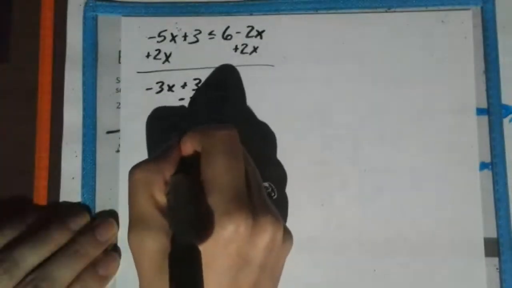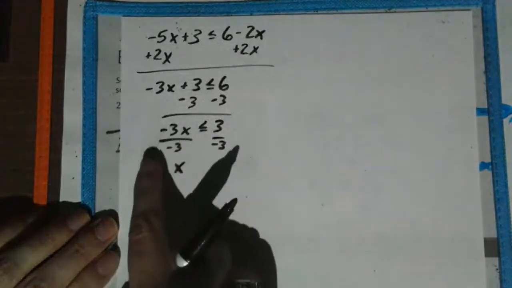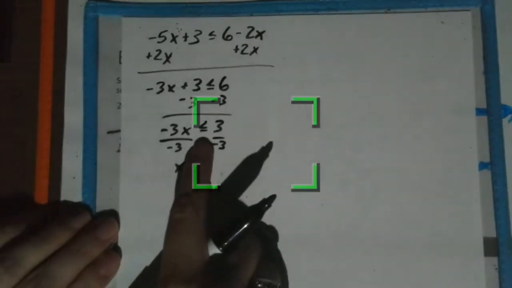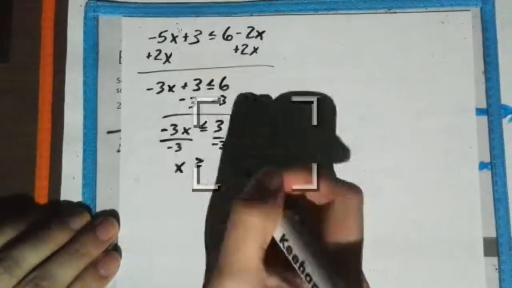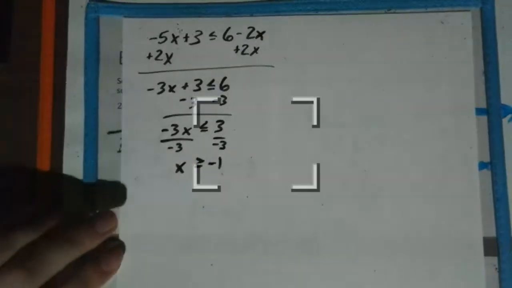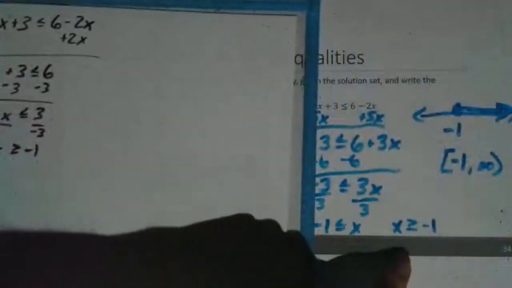And then dividing both sides by -3, we're dividing by a negative, that's that special case. If we multiply or divide by a negative, we have to flip the inequality sign. It was less than or equal to, now it's greater than or equal to. 3 divided by -3 is -1. So we're getting x is greater than or equal to -1, which is what we got before.